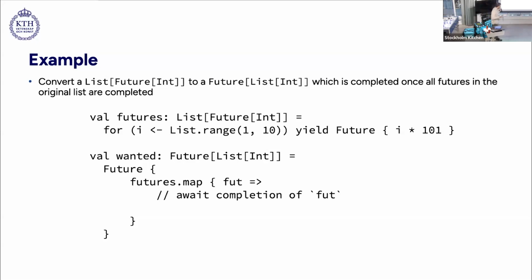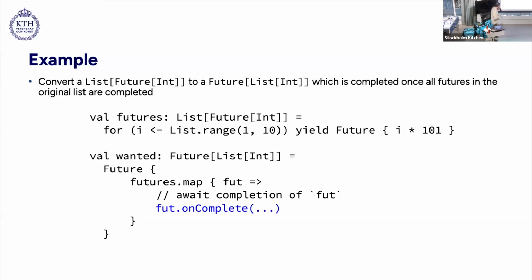And now I can look at the future API, and there are various methods that we can use to respond to the completion. So we could try to check out this onComplete method.